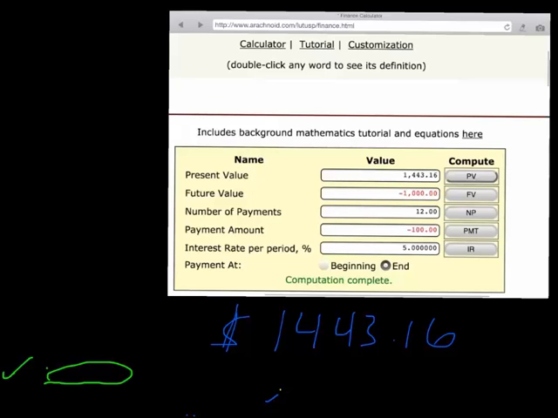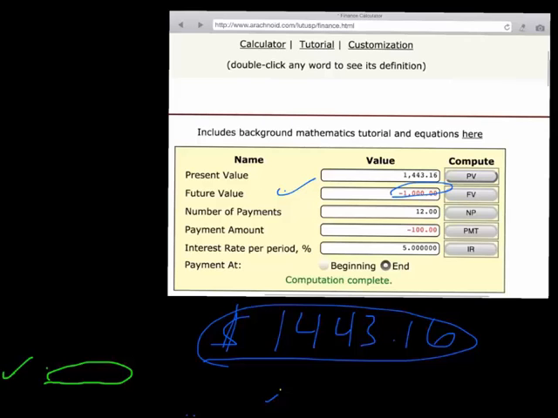So you are going to pay that much for the bond. That would be a fair price with the new interest rate that's gone to 5%, assuming you are still going to get the $100. That's not going to change. $100 every year for 12 years, and then you get that $1,000 back at the end of the maturity date.